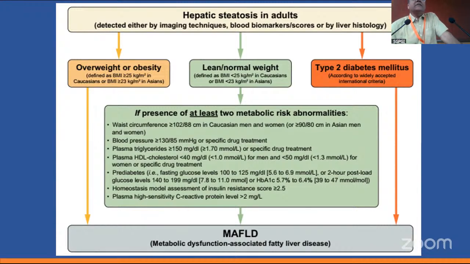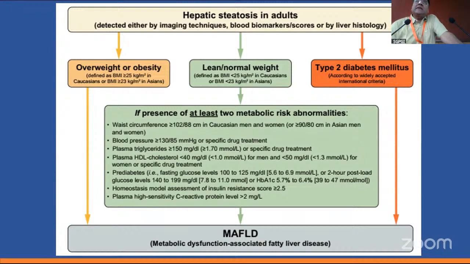Blood pressure, or he is on anti-hypertensive drugs, hyperlipidemia, diabetes, pre-diabetes, HOMA-IR, all those things, these 7-8 criteria. If any two of these criteria are present, the application is: everyone with diabetes should be suspected and screened for fatty liver disease. Everyone with obesity should be screened for fatty liver disease.